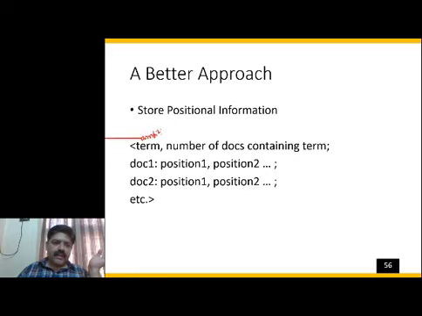Sorry about that line there, it's a glitch in PowerPoint. So I have ambitious, and the number of documents: it appeared in one document, and in doc one it appeared in, let's say, the fourth position or something like that, right? So I can have the positions listed out here. If there is another word which appeared in multiple documents, I just list all the documents and the positions.